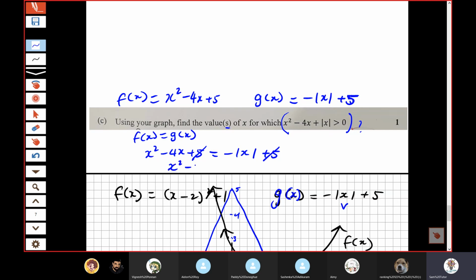Wouldn't I end up with x squared take away 4x plus absolute value of x is equal to 0? Is that what you meant? Yes, Sam. Yeah, that's perfect. Very close. Now, this is equals. This is greater than. So what are you going to change the first one to? Instead of f of x equal to g of x.